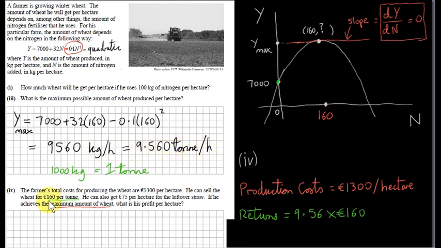The return that he gets for 1 ton of wheat is 160 euros. And we're interested in the return that he gets for 9.56 tons of wheat. So this is his yield. He's achieving the maximum yield or amount of wheat, which is this here. This here is 9.56 tons, or 9,560 kilograms.